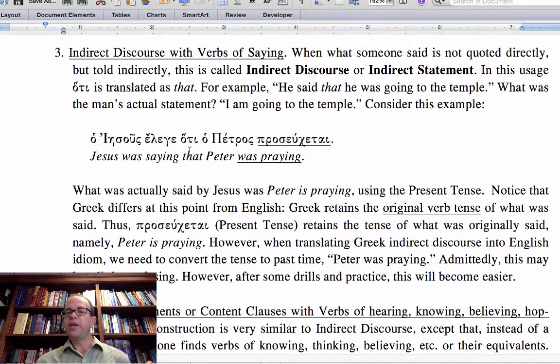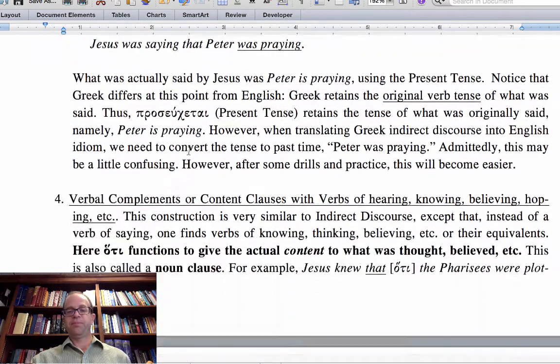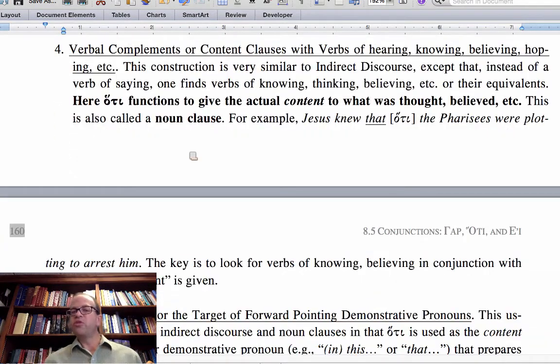Somewhat confusingly, oti can also mark indirect discourse. In fact, it must be present to mark indirect discourse. So it sometimes is very difficult to distinguish between direct and indirect discourse, and sometimes there's exegetical debates about that. Now, with special verbs of hearing, knowing, believing, hoping, etc., oti can actually form a content clause.